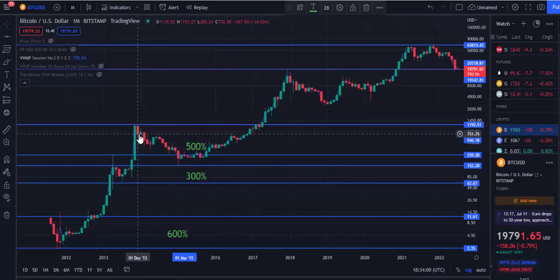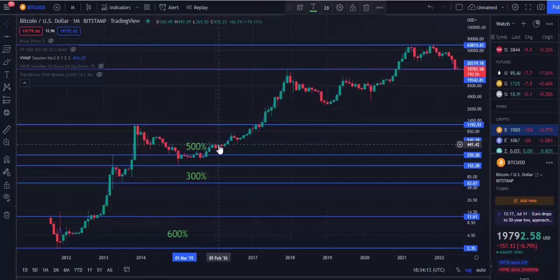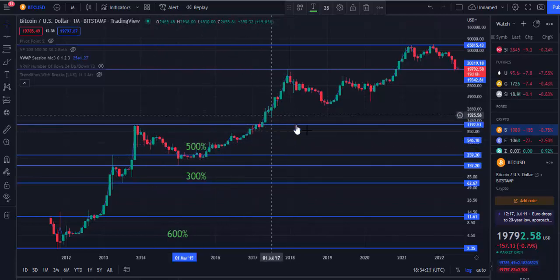From December 2013 and it broke out in April 2017. We just say 2 years and 1 month. So it took Bitcoin 2 years and 1 month to break out from the previous all-time high of 2013, which happened in 2017.